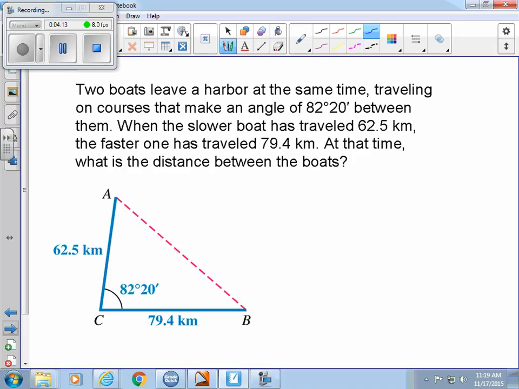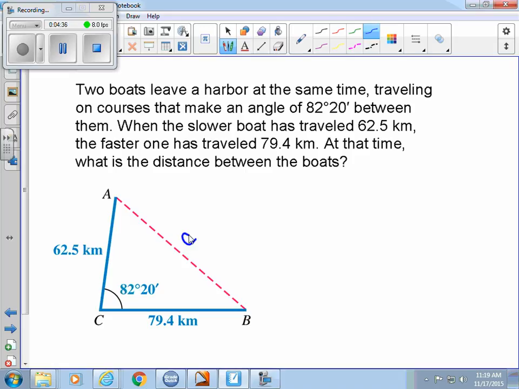At that time, what is the distance between the 2 boats? In a long, drawn-out word problem, they've asked me to find side C. And on the bell ringer, there's no way to do this with the law of sines because I don't have a side angle combination. But I can now use the law of cosines.